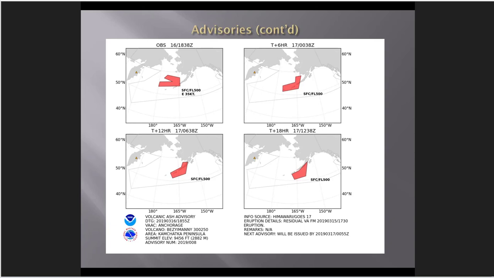The ASH3D is another model that's being used, and they're working on getting those into AWIPS. To make them truly operational, we need to get those in AWIPS. But for now, when we have time, we'll use the web-based guidance. Otherwise, we use PUFF guidance. And that essentially is what is used for these later hours at 12 and 18 hours.